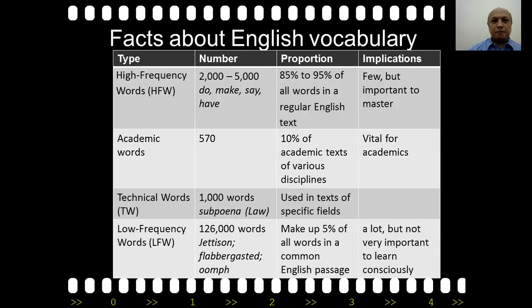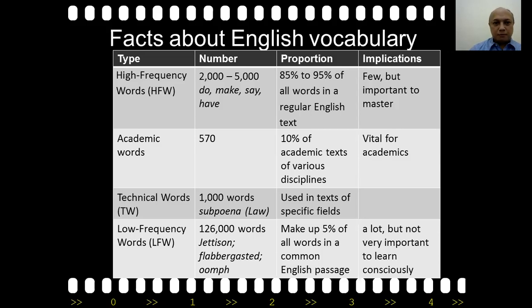Now let me tell you something about the facts about English vocabulary. This is important because it will give you the right understanding of English vocabulary, and more importantly, it will give you the reason why you need to learn not all of the words, but only some of that huge number of English words.